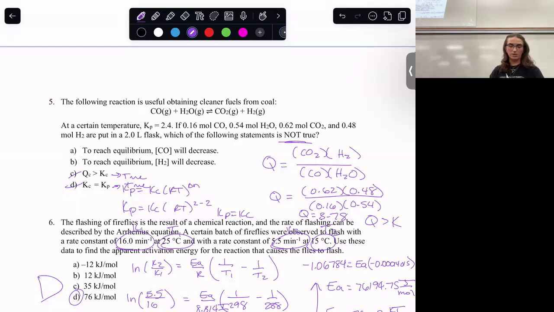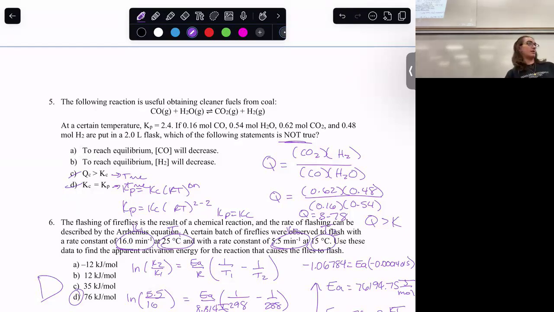Okay, and then for choice B, we have: to reach equilibrium, the concentration of H2 will decrease. Is that true or false? In this case, and in my notes I did, everything's being divided by 2, so it's all going to be the same.